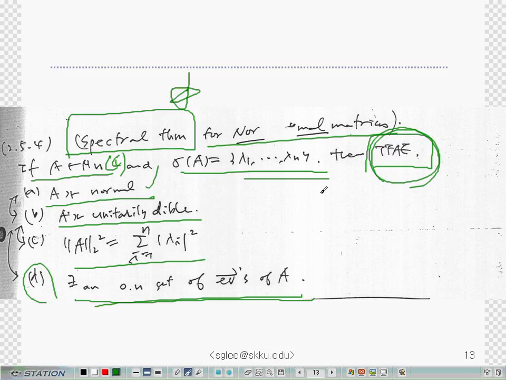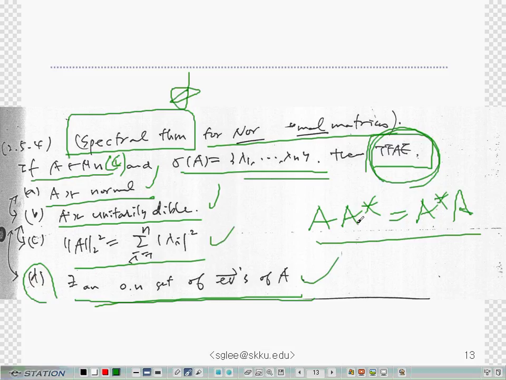So if you just show A A star is the same as A star A, then you can say it is unitarily diagonalizable, and also that it has an ON set of eigenvectors, without hesitating a minute.